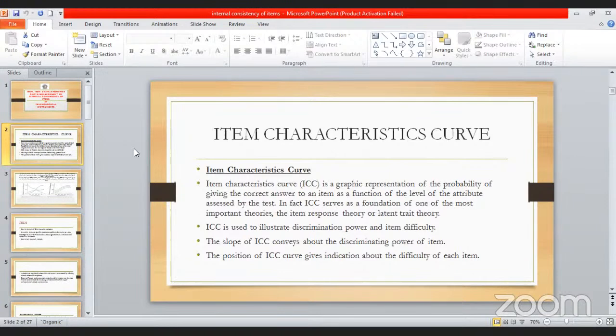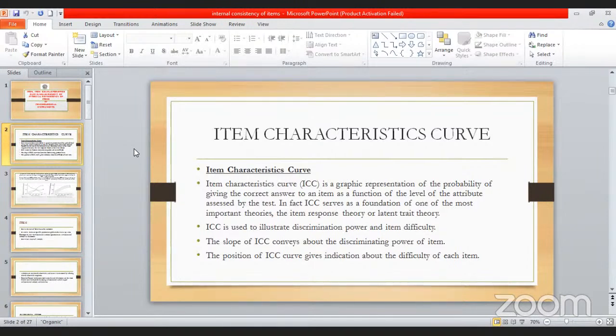It deals with the underlying trait which is producing the test. For example, in the State-Trait Anxiety Inventory, this is a psychological test, but the items within it, that is, I feel calm, I'm anxious, those are the underlying trait or the latent trait. So the item characteristics curve deals with the underlying trait or the items.